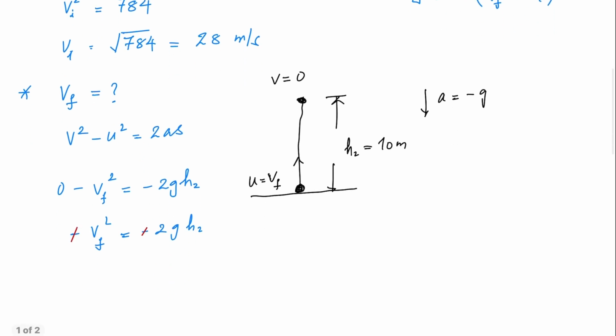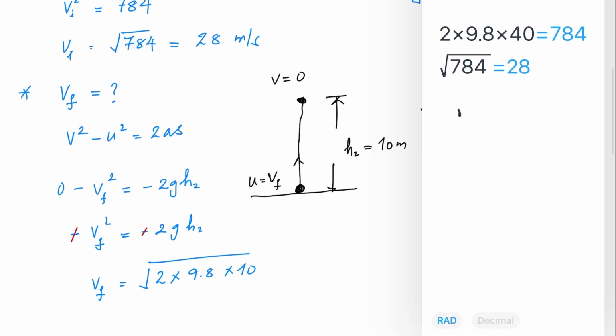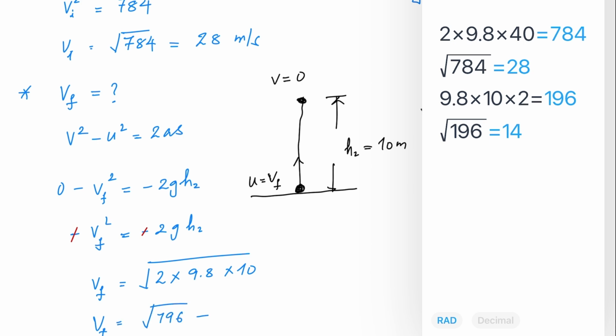What we get here is vf is equal to root of 2 into 9.8 into 10, which gives me 196, and root of 196 will be equal to 14. So vf is equal to 14 meter per second. This is the velocity vf.